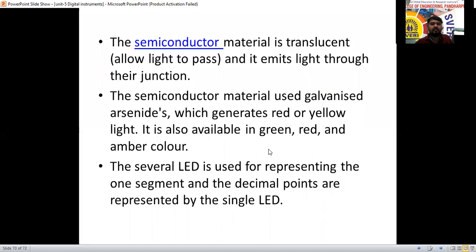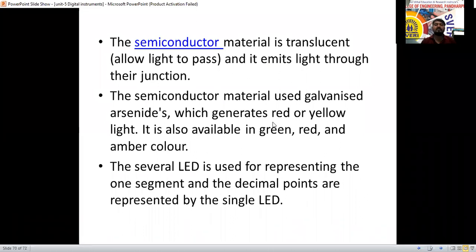So mainly we use silicon and germanium. For the combinations, gallium arsenide generates red and yellow light. Combining silicon with some added material, we can get different colors: green, red, amber, yellow.